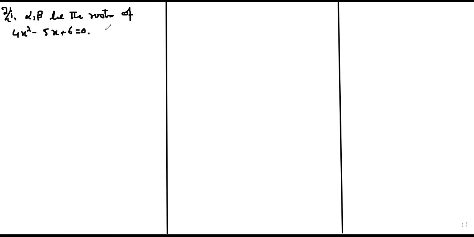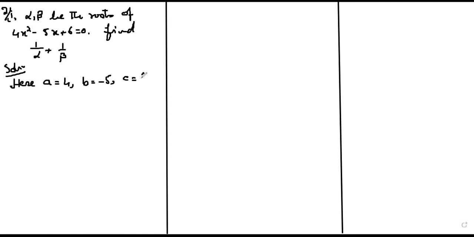Find the value of 1 over alpha plus 1 over beta. Right? Simply we'll do the same thing again. Right, here a equals to 4, b equals to minus 5, and c equals to 6. Now the numerical values are given.